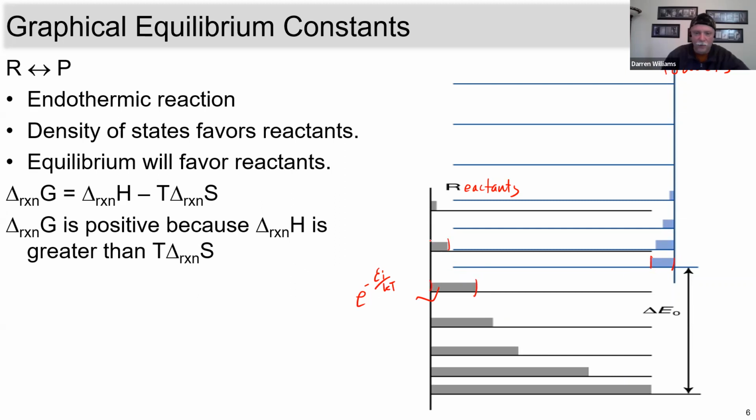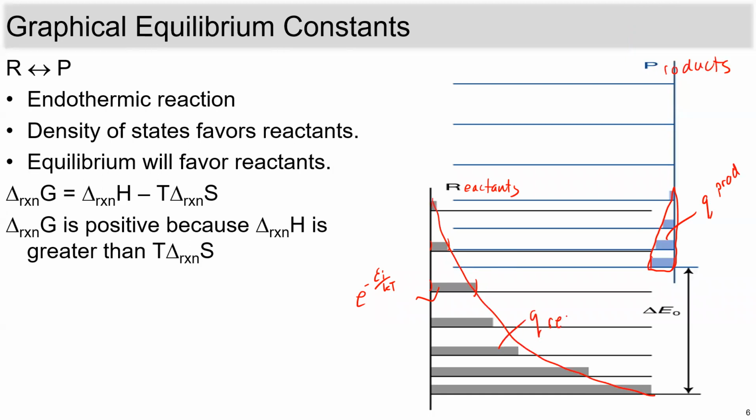So you just throw this system together and let it come to thermal equilibrium, and essentially nature will calculate all of these Boltzmann distribution pieces. And then this piece right here is Q for the products. And these gray pieces here are Q for the reactants.